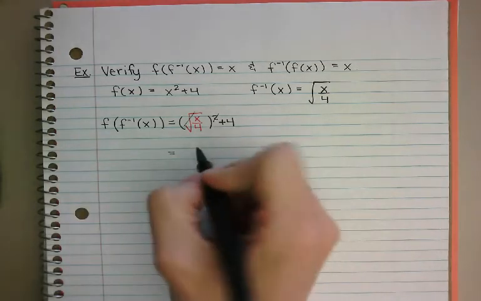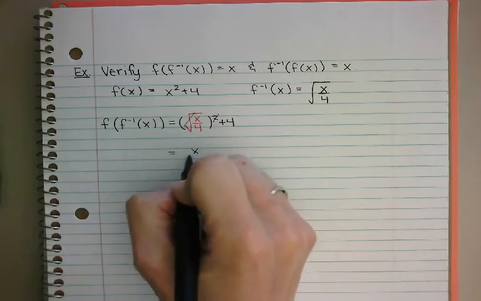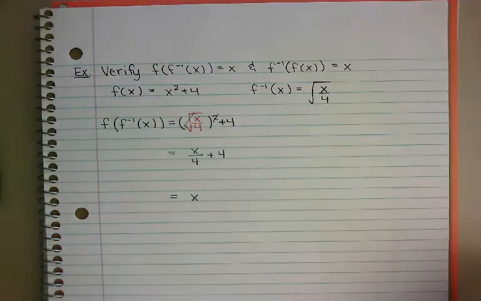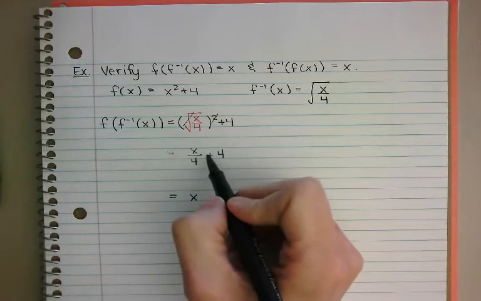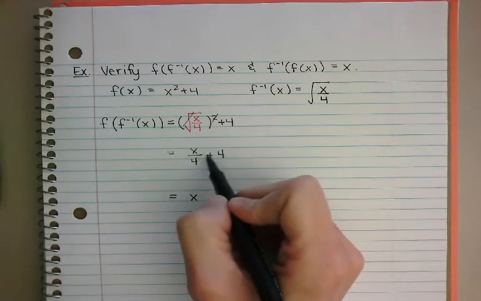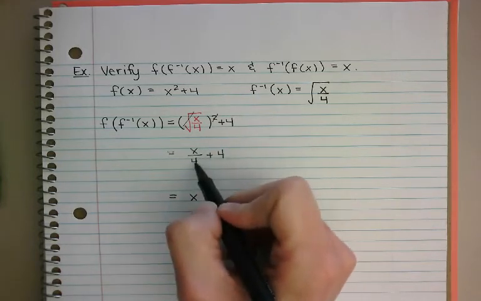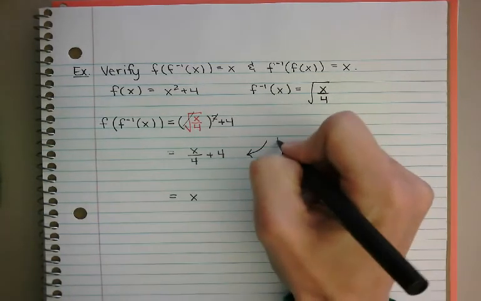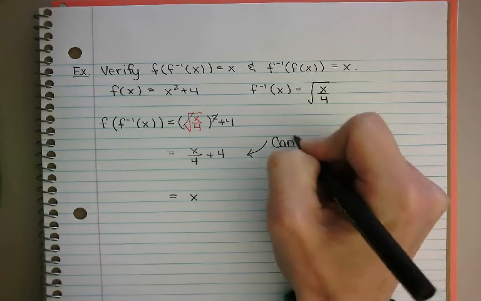So now I am left with x over 4 plus 4. Okay. Well, if this would have been times 4, then those would have canceled. But this doesn't cancel to x.